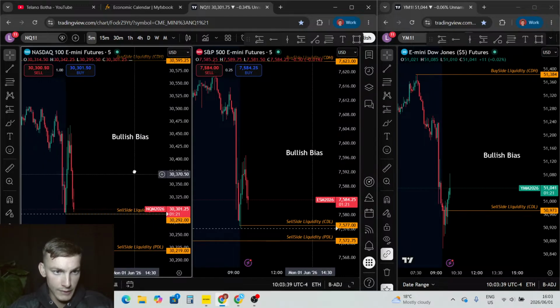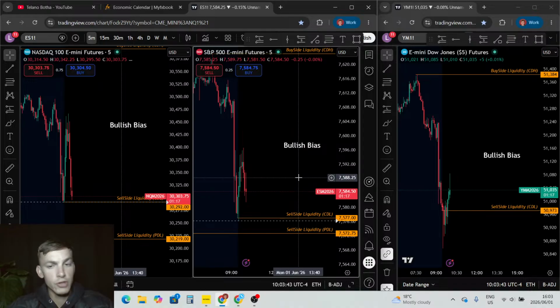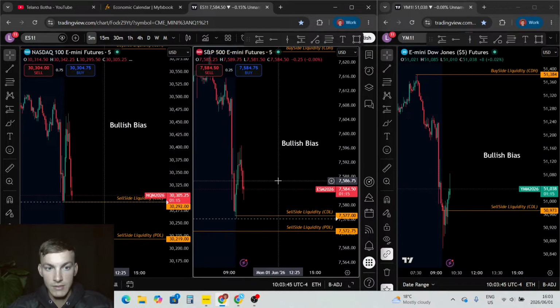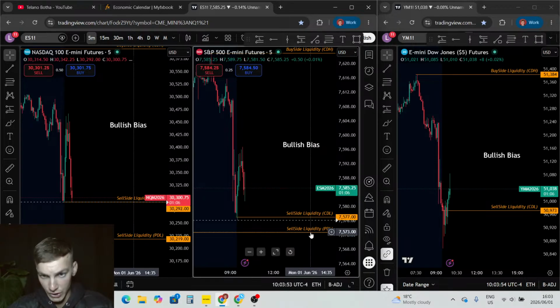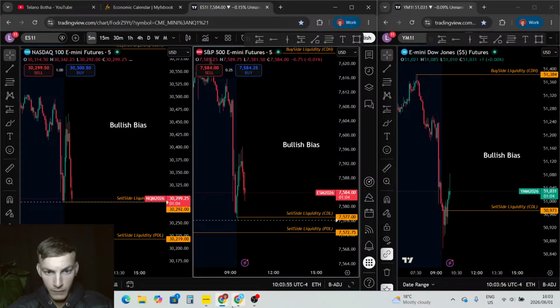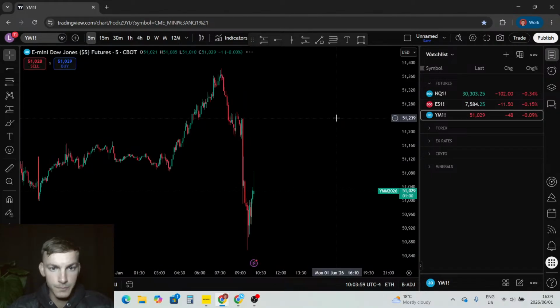Okay, so it does look like the Nasdaq is about to trade below. Fingers crossed we don't see the same on the S&P 500. Now, it does look to me, if the S&P 500 does continue to go lower, it could see a sell side raid of previous day's low, which I have marked over here. Let me just double check that I've done the same on the Dow Jones.